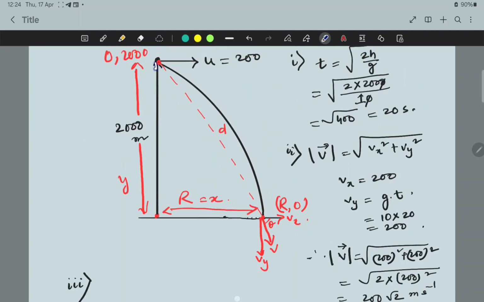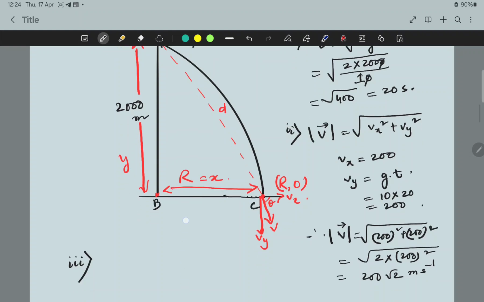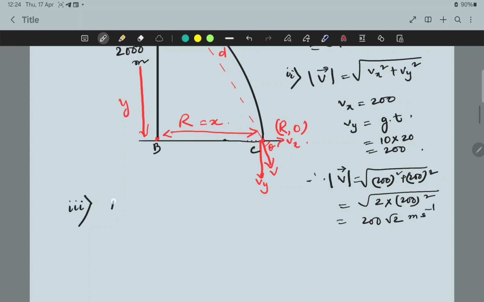So now if we take this triangle, let's name it as A, B and C. So AC is asked.